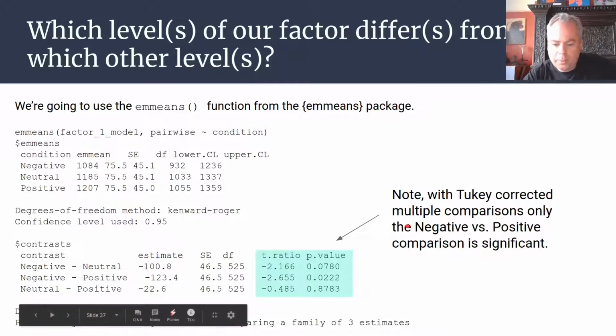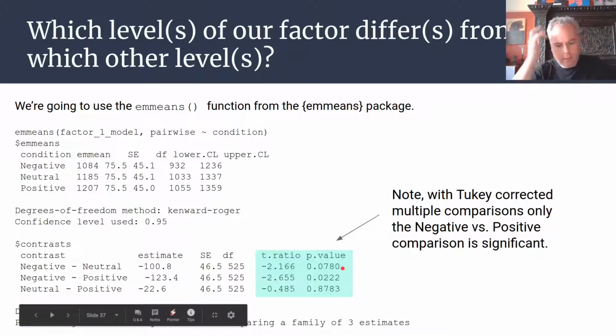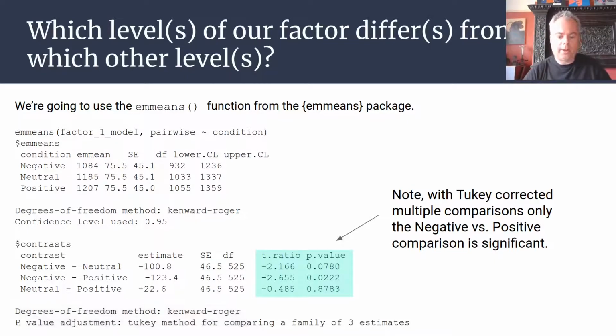And if we correct for multiple comparisons, we see that only one pairwise comparison is significant, and that's the negative versus the positive condition. The negative versus neutral one that was significant in the model estimates we looked at earlier, once you take account of the fact you're doing both comparisons, now isn't.